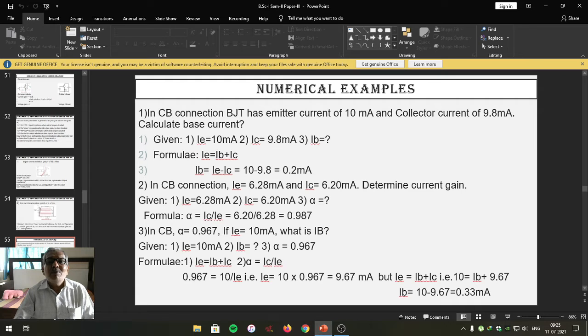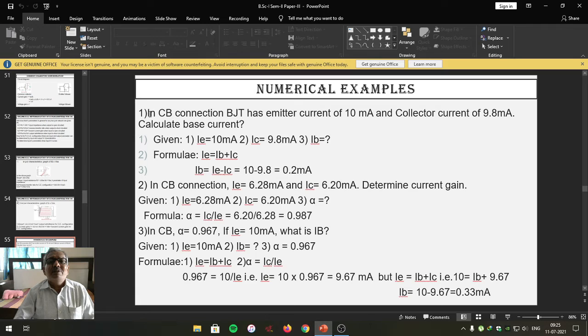Example: in common base connection, a BJT has emitter current of 10 milliampere and collector current of 9.8 milliampere. Calculate the base current. Very simple example. When you look at an example, read it 2 times, 3 times till you understand it, and then find out what the given things are.